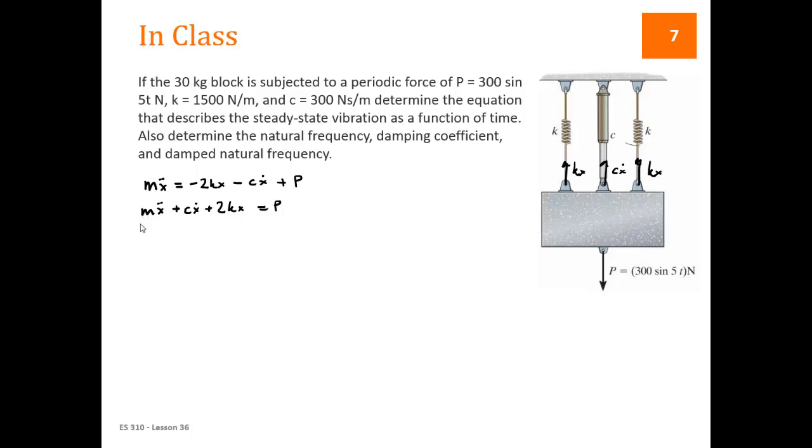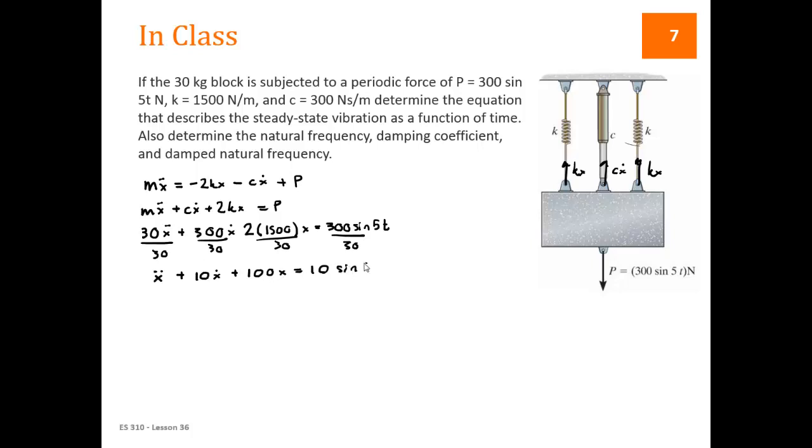We have mass is 30, x double dot plus c is 300, x dot plus 2 times k is 1500, x is equal to 300 sine 5t. Right, this is not standard form because we don't have a 1 in front of the x double dot, so we're going to divide through by 30. So we get our standard form, x double dot plus 10x dot plus 100x is equal to 10 sine 5t.